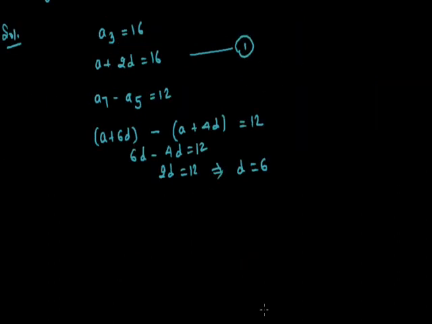Now if d equal to 6, substitute this d equal to 6 in equation number 1, which is a plus 2d equal to 16. Now put d equal to 6, so 2 multiplied by 6. So a plus 12 equal to 16. So from here we will get a equal to 4.